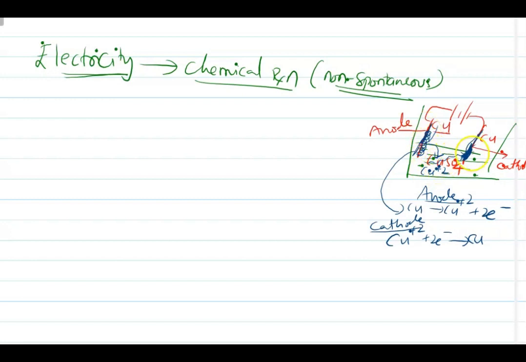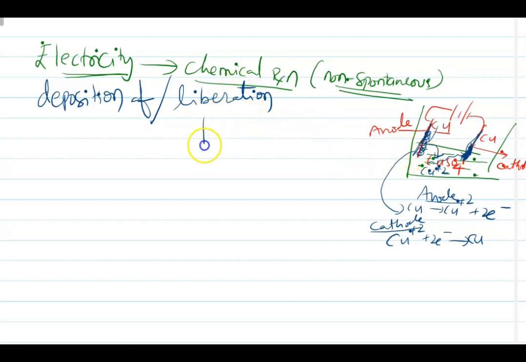See, the meaning is, copper got deposited at the cathode, right? So that means there may be deposition of a chemical at one electrode, and sometimes there may also be liberation. There may be liberation and there may be deposition.